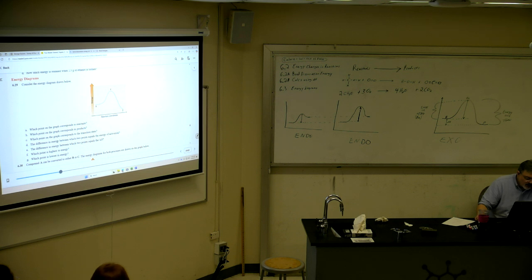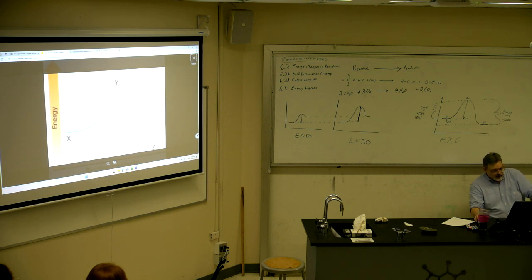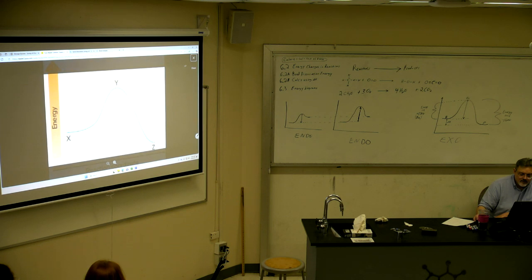And they're talking about on this axis now, X and Y. If you drew a line straight out here, and you drew a line straight out here, it's from the X to the Y, that's the energy of activation. It's from the energy of the reactants to the peak of the diagram.